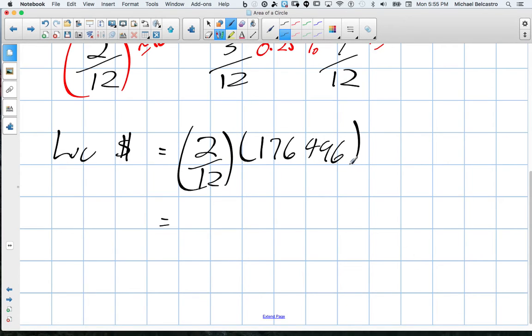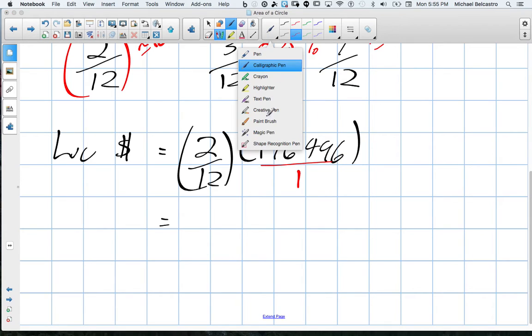Here's a great question: how do I multiply a whole number by a fraction? We can turn both of them into fractions, so we've got to remember our fraction rules. How do I turn a whole number into a fraction? I just put it over 1. Very simple.